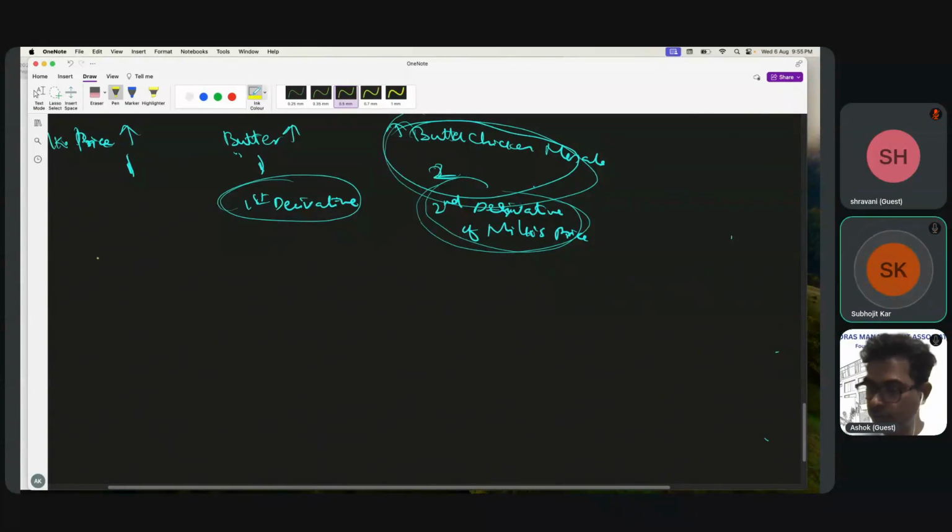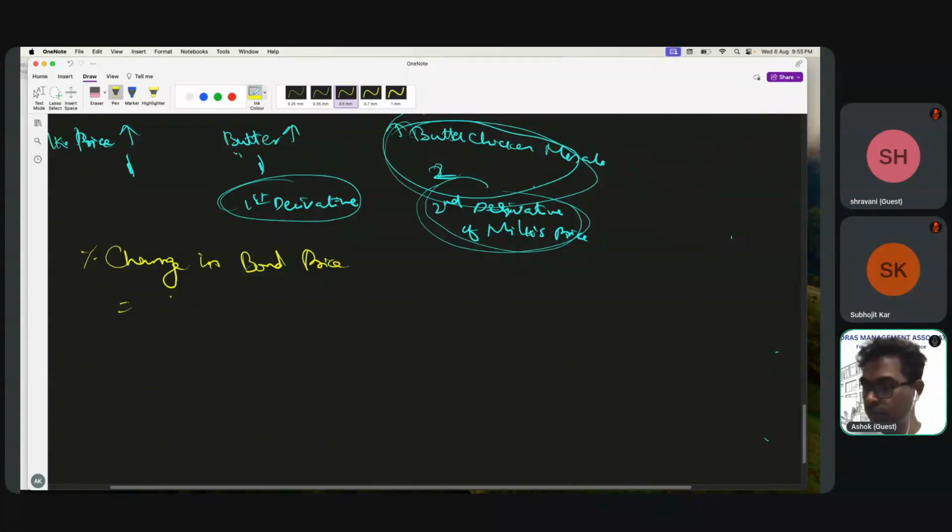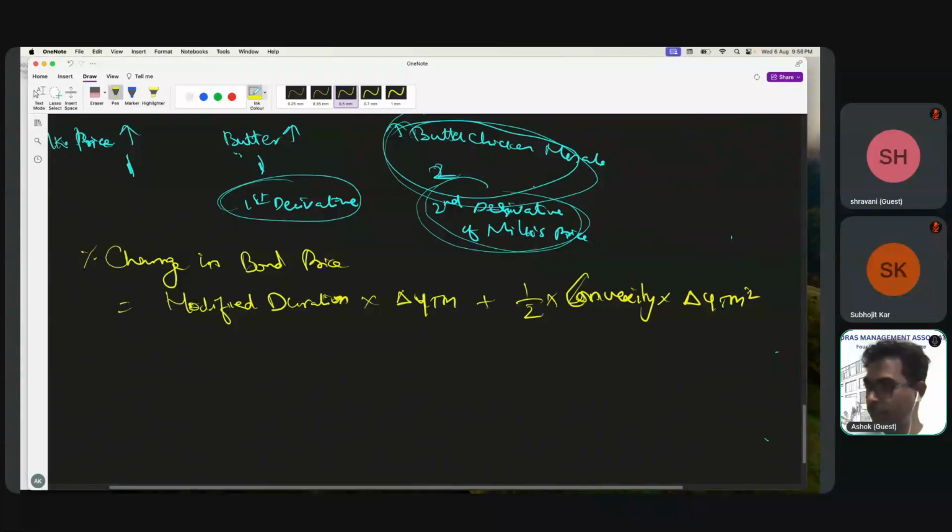Percentage change in bond price is equal to modified or effective duration, anything you can say, modified duration into delta YTM, plus half of convexity into delta YTM square.